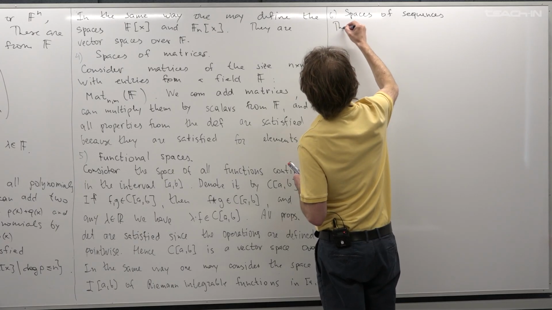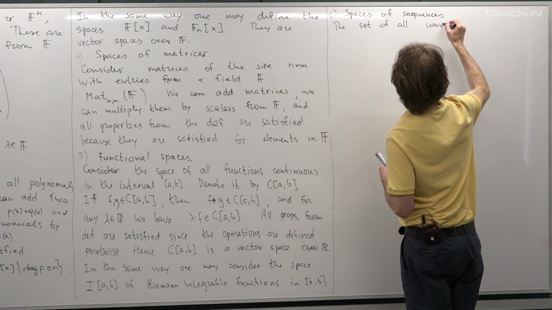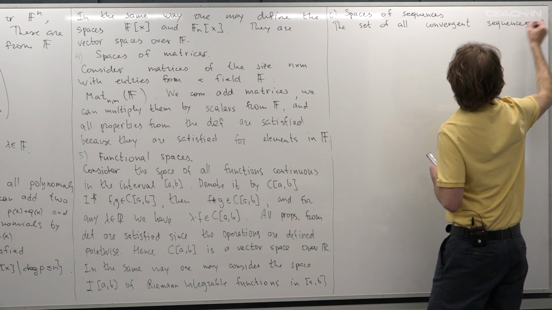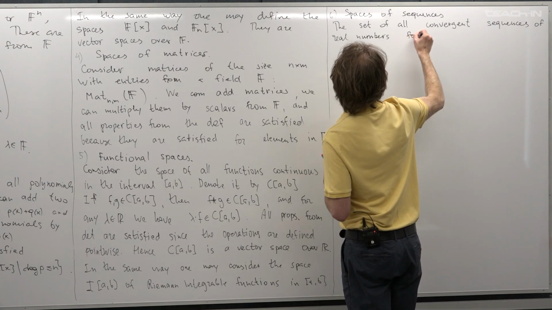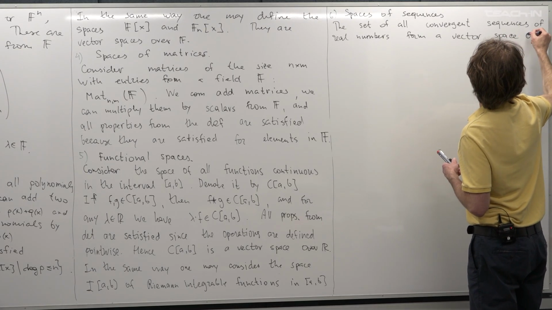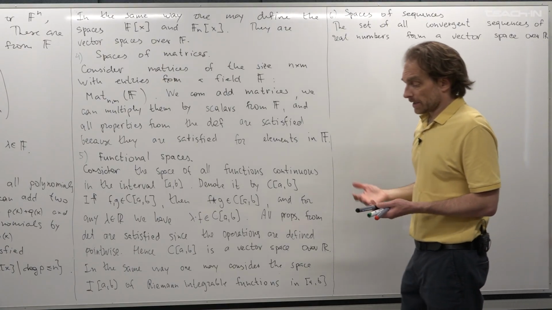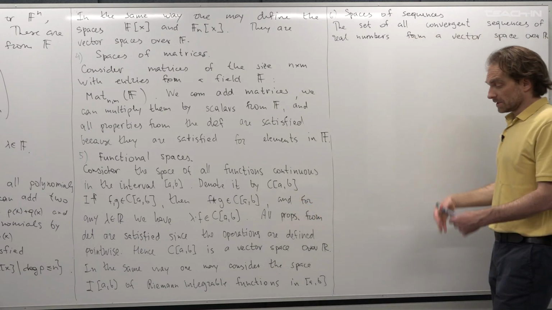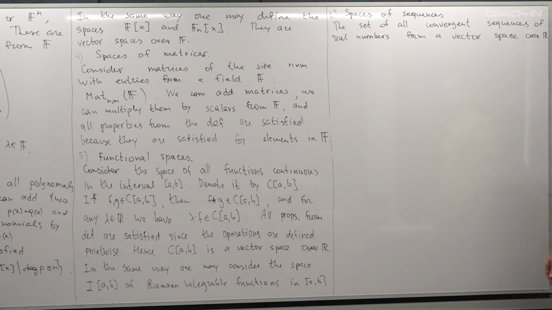The set of all convergent sequences of real numbers forms a vector space over the field of real numbers, obviously, just because we can add sequences, we can multiply them by numbers, and if you take two convergent sequences, then their sum is also a convergent sequence, and the same works for the multiplication of a convergent sequence by a number.